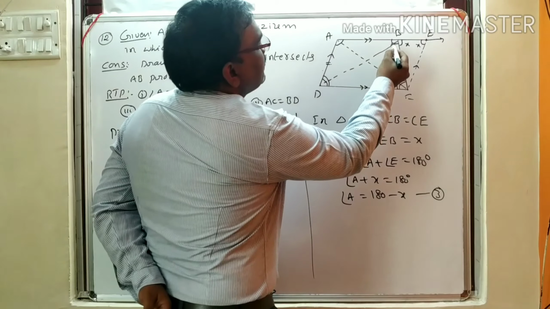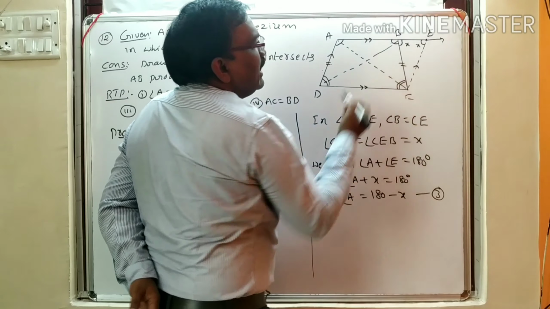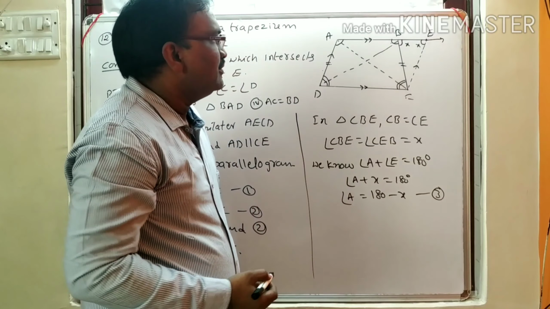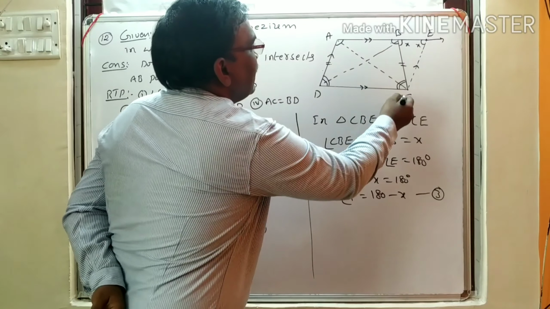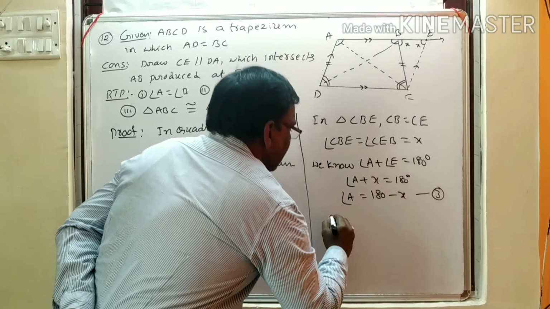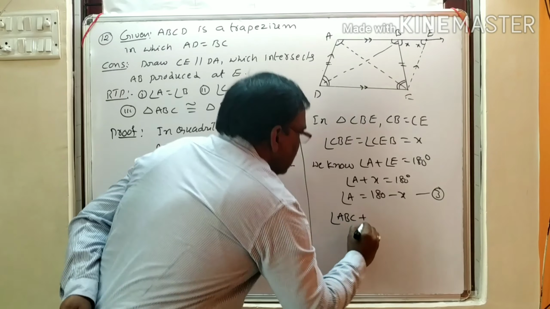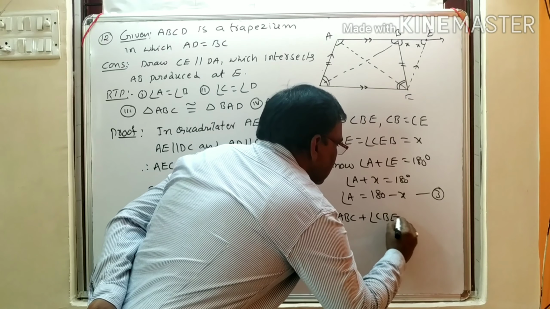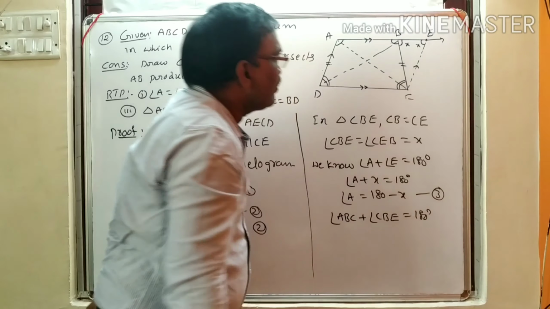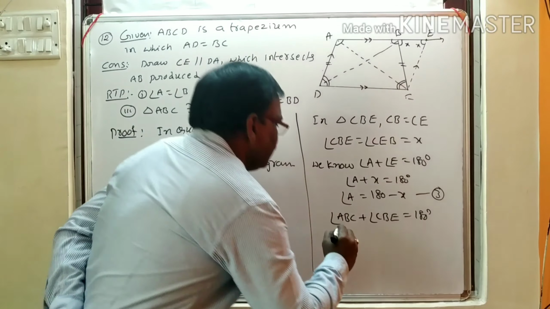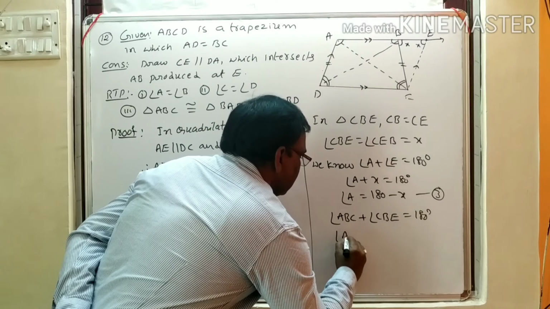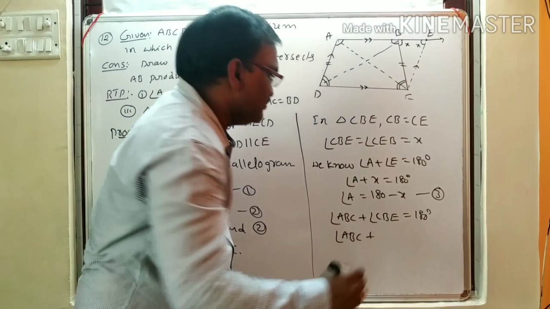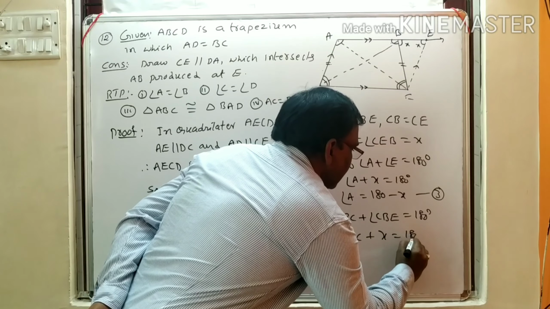Next, this angle plus this angle is a linear pair of angles. So angle ABC plus angle CBE is also 180 degrees. This is x, so angle ABC plus x is 180 degrees.